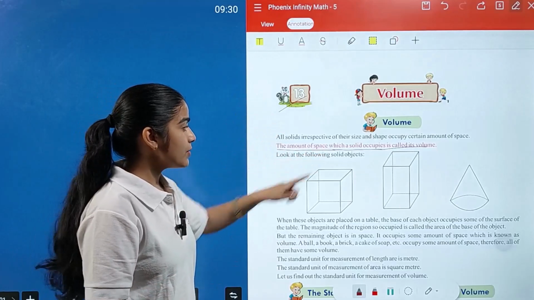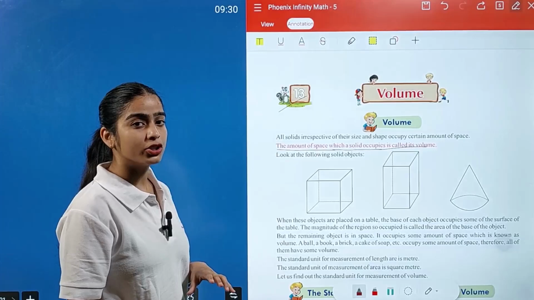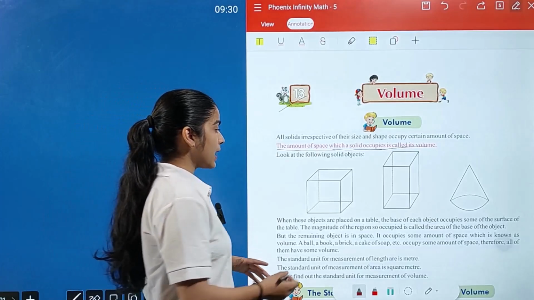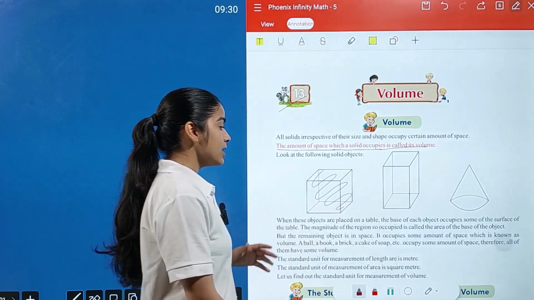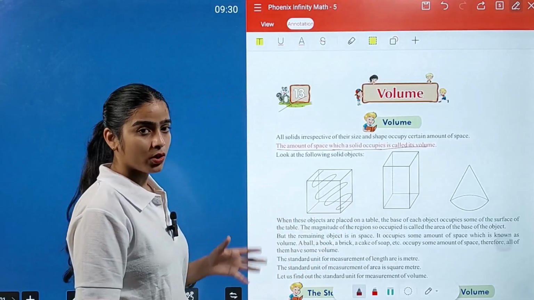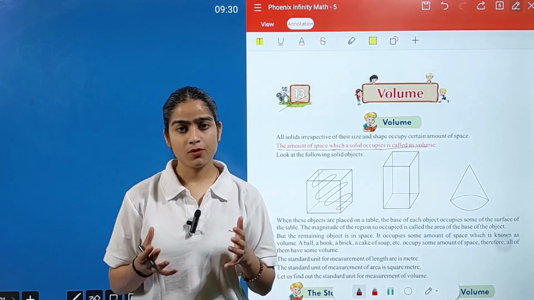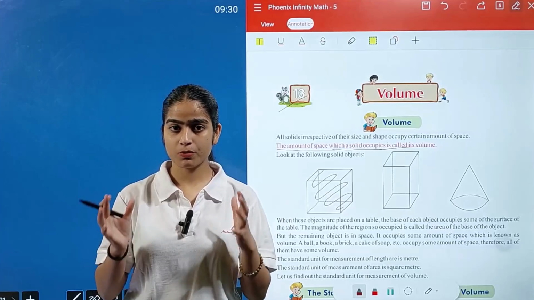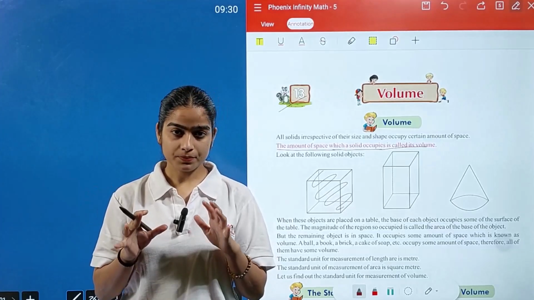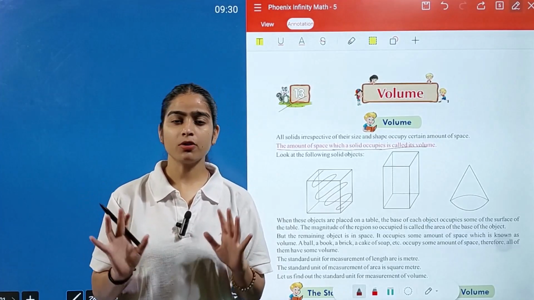Now we are dealing with 3D shapes, which means solid shapes. The space occupied by these solid shapes is your volume. For example, if you have an empty box and you have to add some papers into it, how many papers could fill it, that is your volume.